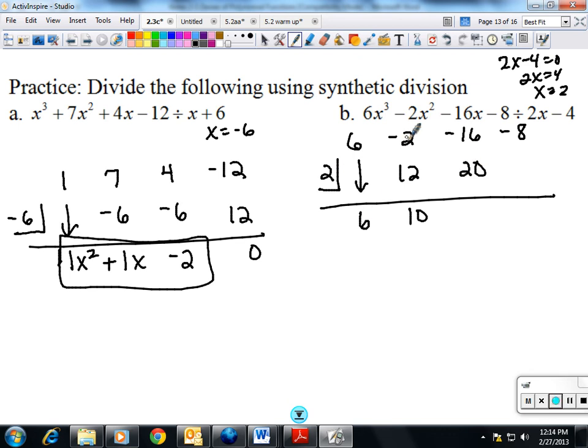Oh, I better double check myself. Okay, that's 4, 4 times 2 is 8, this one had no remainder either. So 6x squared plus 10x plus 4.